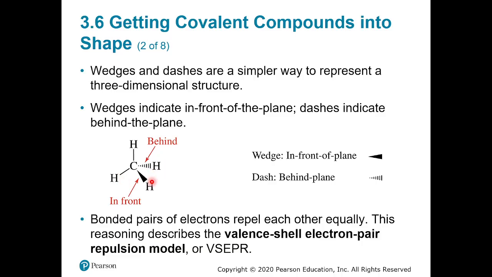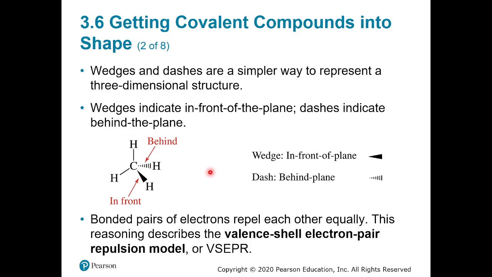So that hydrogen is actually coming out towards you and trying to hit you right now. This one here, which is the dash, is going away from you. It's pointing back away. It's fading away in the distance, right? Whereas the wedge is jutting out and getting darker because it's coming towards you, right? It's bold. It's standing out towards you. Okay. Anybody have any questions there?